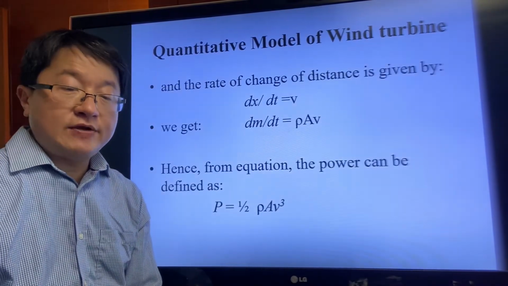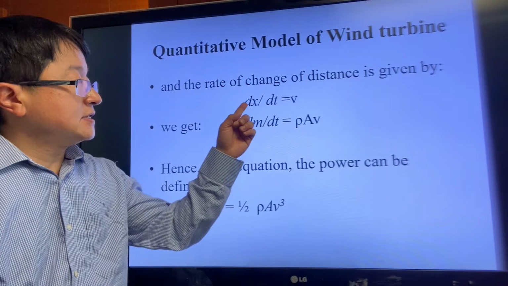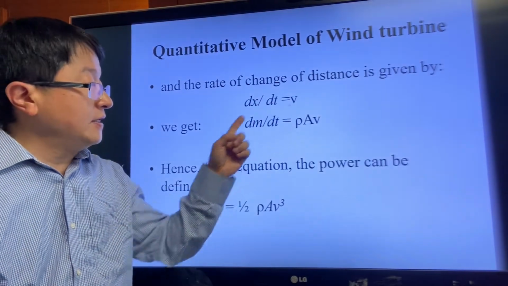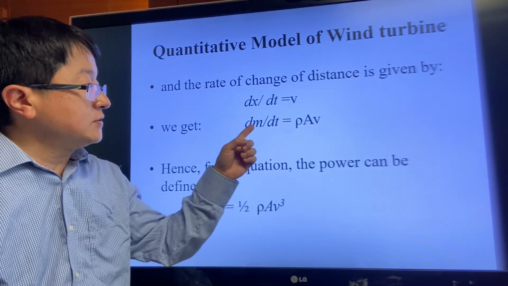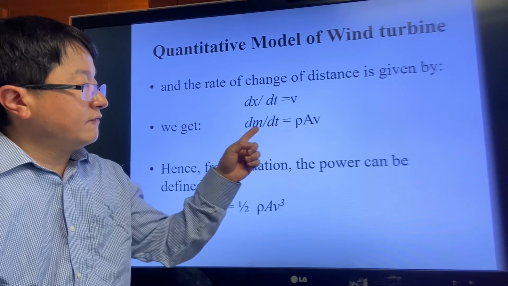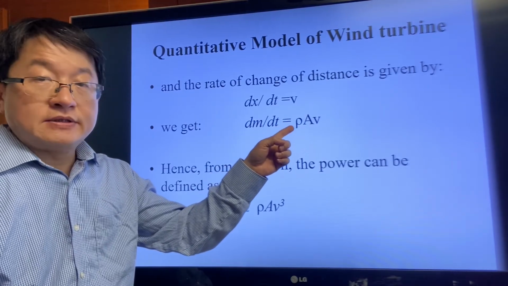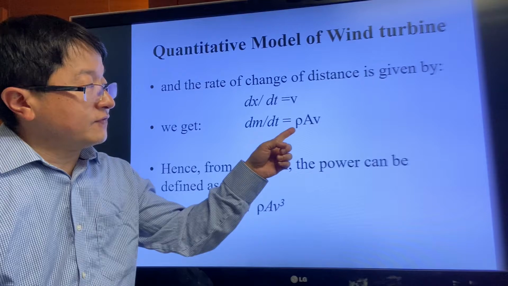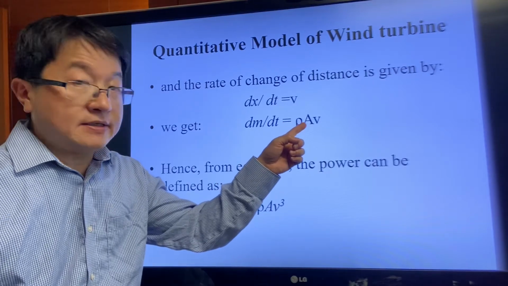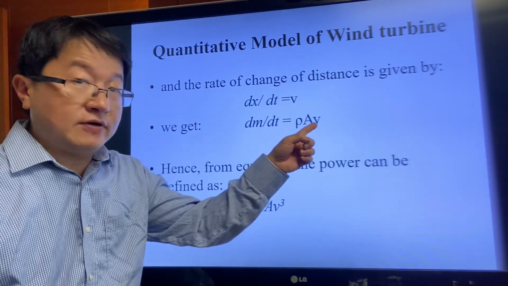Therefore, if we put this dx/dt, which is the velocity of the wind, into these equations, we will have dm/dt equal to the density of air multiplied by the surface area multiplied by the velocity.